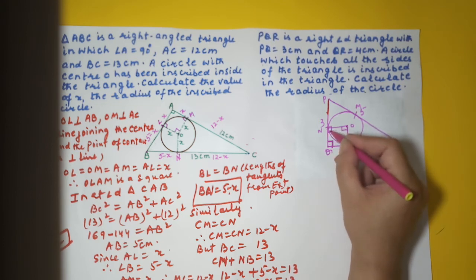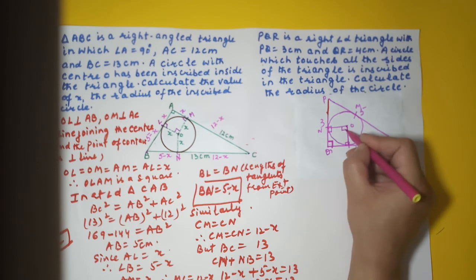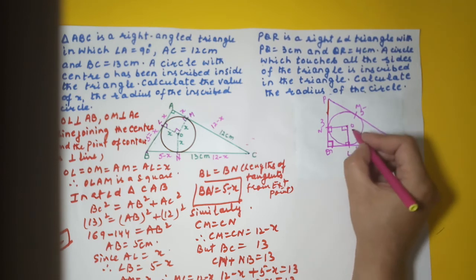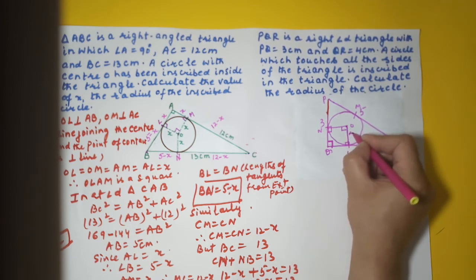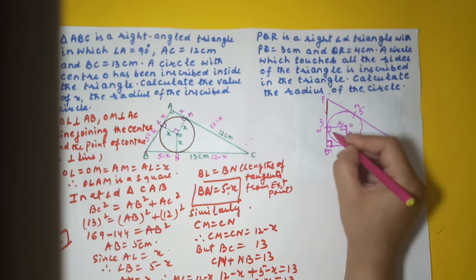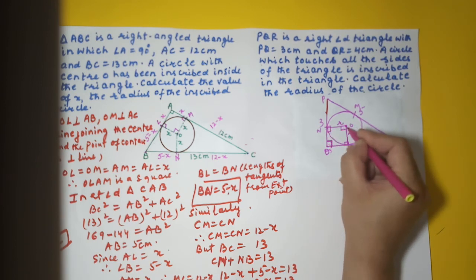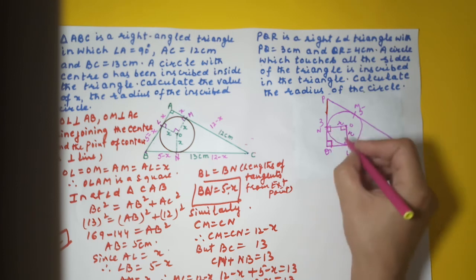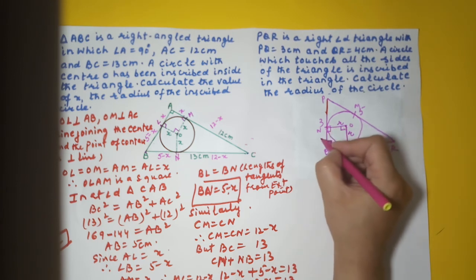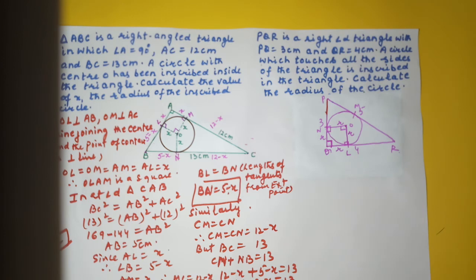So if three of the angles is 90 degree, automatically fourth will be 90. So now let's name this as R. This is also R. So now if all the angles are 90 degree, length is equal to breadth, then it becomes the square. So this is also R and this is also R.